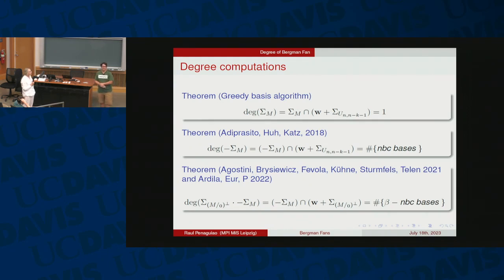There are plenty of people in this room that can answer this much better than I can. I can tell you that if your matrix comes from hyperplane arrangements, the number of beta NBC bases is the number of bounded regions of these hyperplane arrangements.